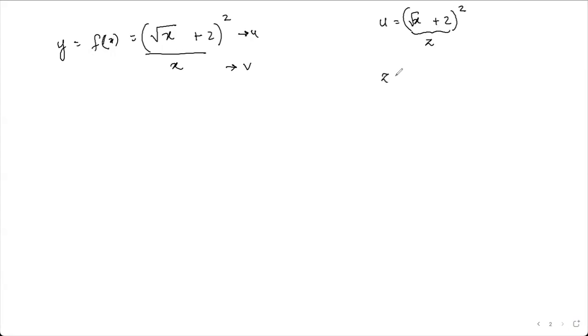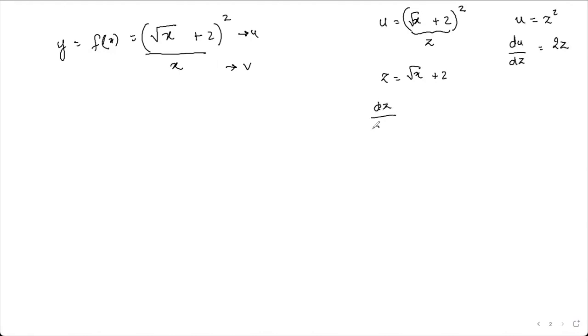So my function z is square root of x plus 2. That means I can write u is equal to z squared. Let's differentiate u with respect to z. du/dz will be 2z. And let's differentiate z with respect to x.